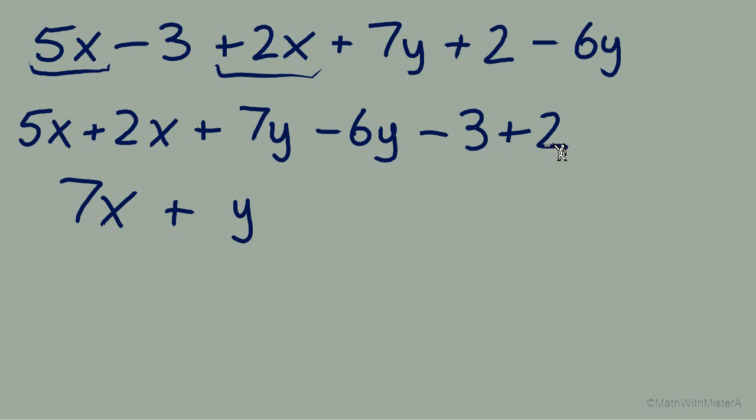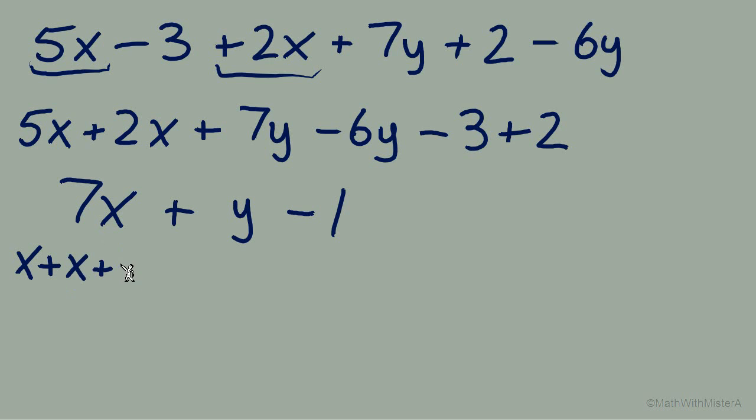Lastly, we have negative 3 plus 2, which would leave negative 1, which we could write as minus 1. You could write it as adding negative 1, and it would be the same thing. Most of the time, we would just see it written as minus 1. Now, there's nothing we can do to combine the 7x plus y, because these are two different numbers.